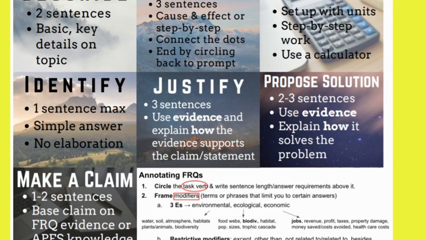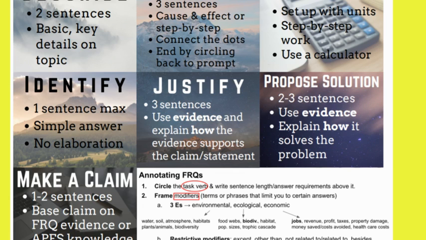Write about a sentence or so in length of the requirements. You're going to then box or frame any modifier. What I mean by modifier is a term or a phrase that's going to limit what you should answer. Some examples of modifiers are what's called the 3 E's: environmental, ecological, and economic.